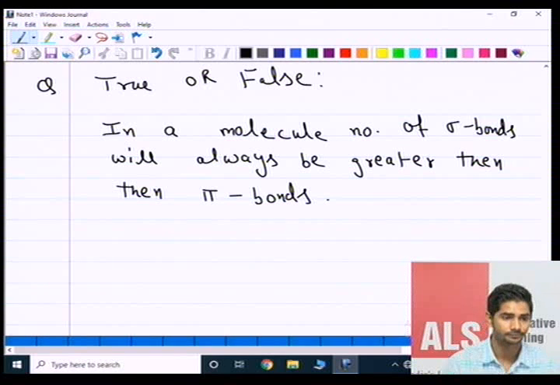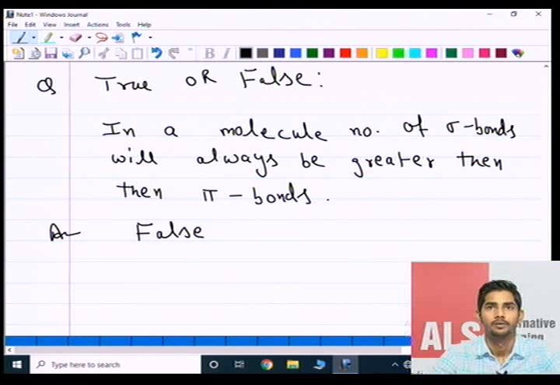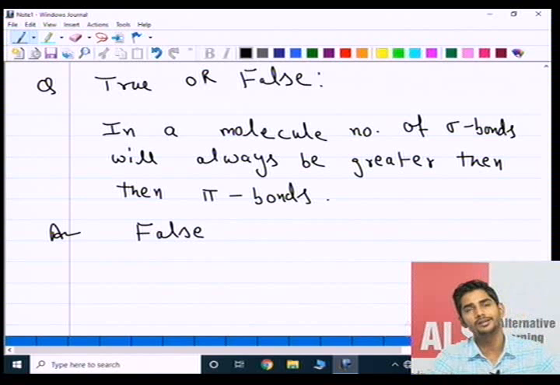Absolutely right. False. Can pi bonds be greater than sigma bonds? Can pi bonds be greater than sigma bonds?